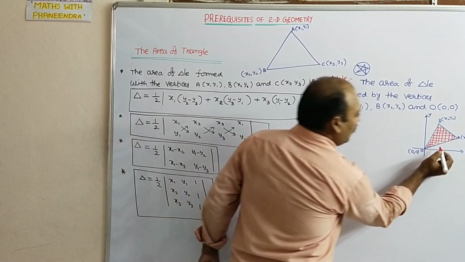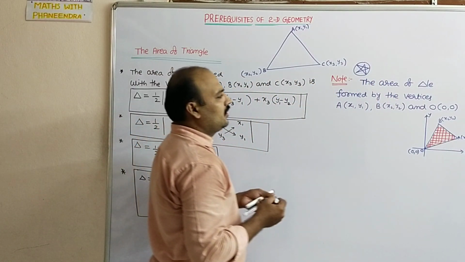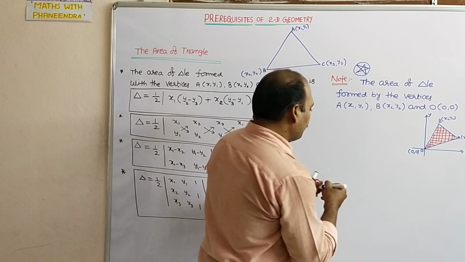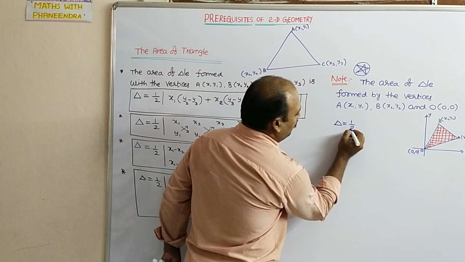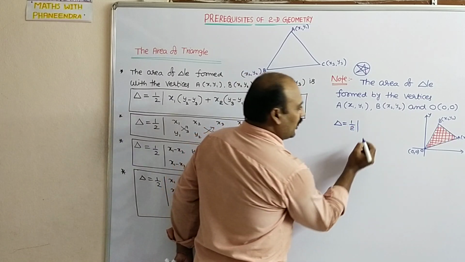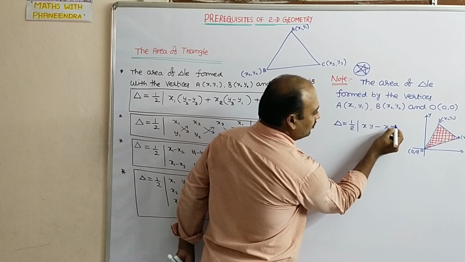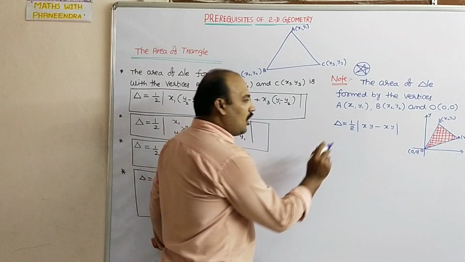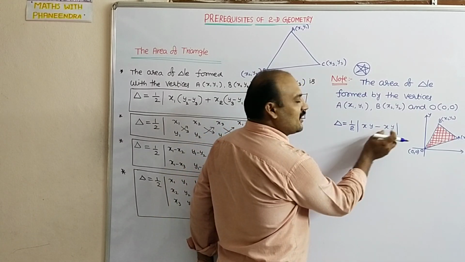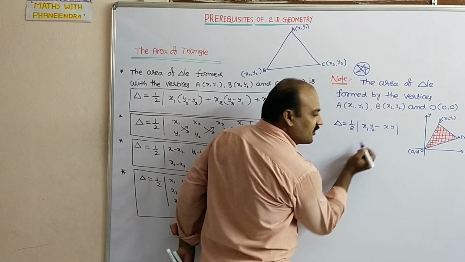So how to get that area of triangle? See here, it's very easy. While writing, you observe carefully. Delta equal to half into xy minus xy. In xy here, first suffix 1, second suffix 2.